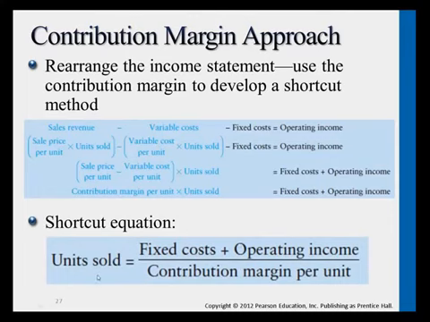If I need to know how many units I need to produce to break even using the contribution margin approach, we're going to use this formula, right here. And that's your shortcut. So my units sold to break even is fixed cost plus operating income divided by contribution margin per unit. Right? Okay.